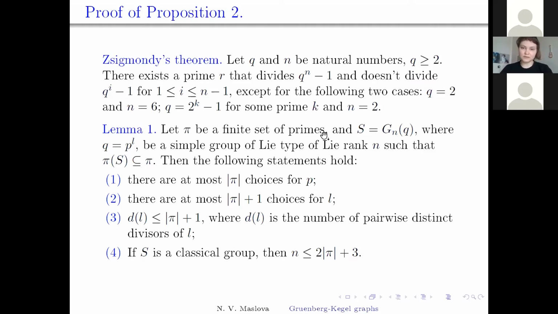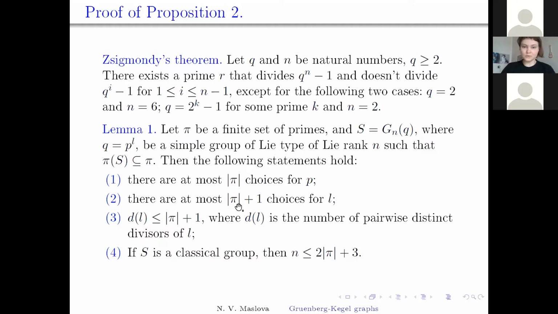If P is a finite set of primes, and if we take a group of Lie type of rank n over the field of order q, which is p to the power l, then if the prime spectrum of S is contained in this finite set P of primes, the number of choices for p is at most the order of pi, it's clear.